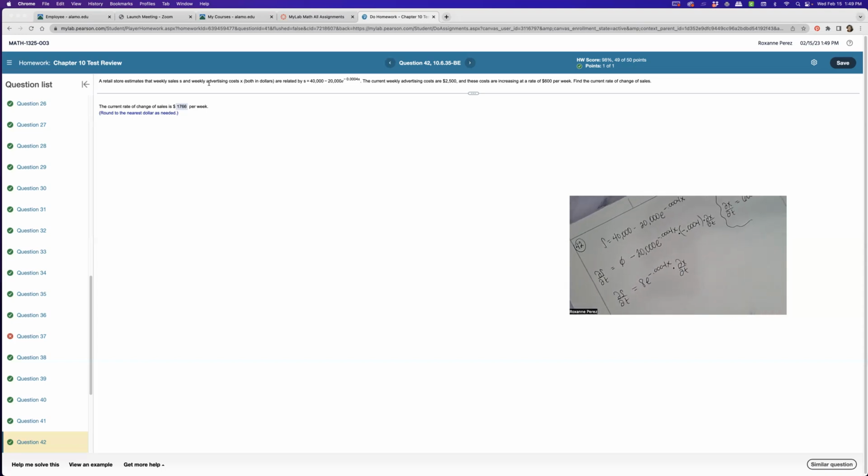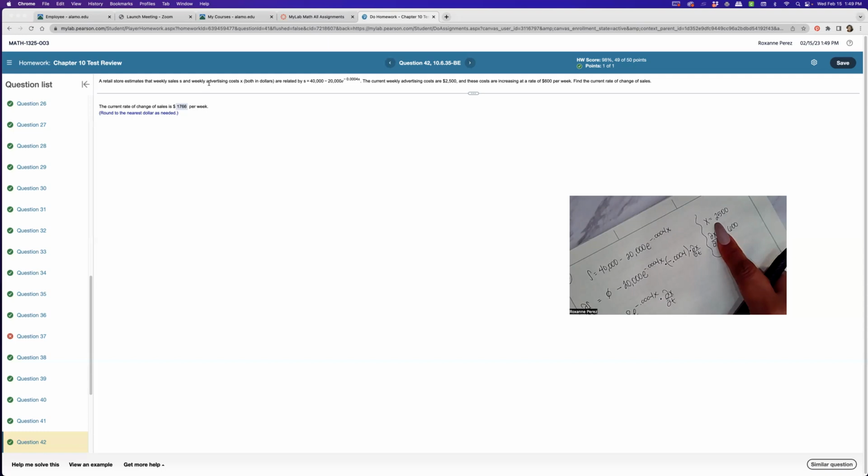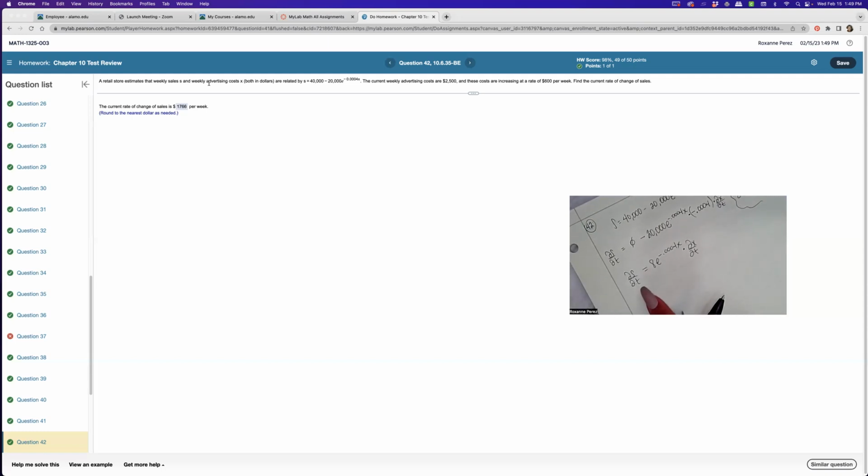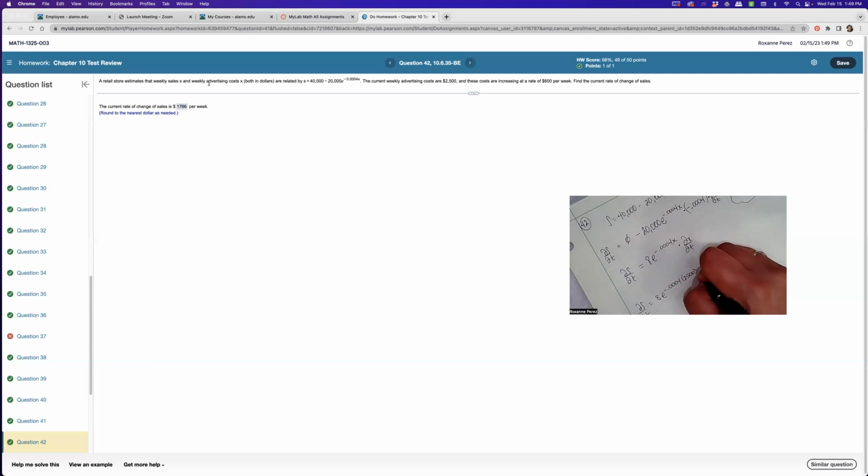Here we already know our value of dx/dt, and we know our value for x, so we're just going to plug that in and calculate the current rate of change of sales. 8e to the negative 0.0004 times 2,500 times 600.